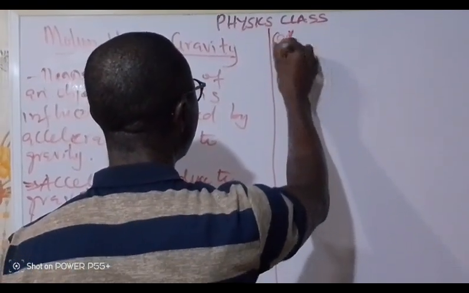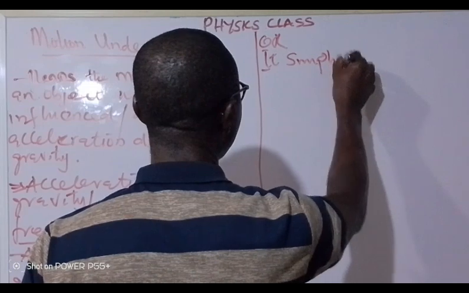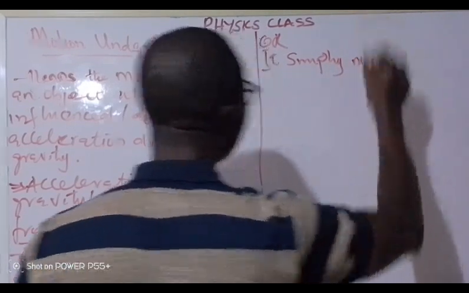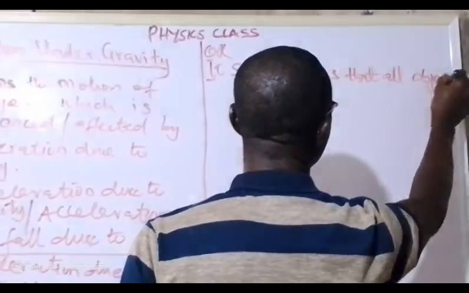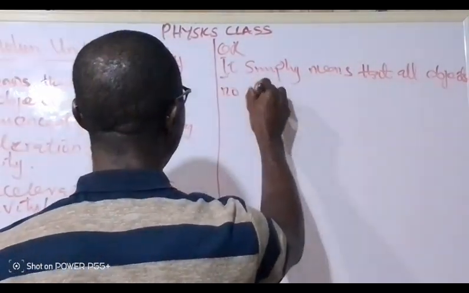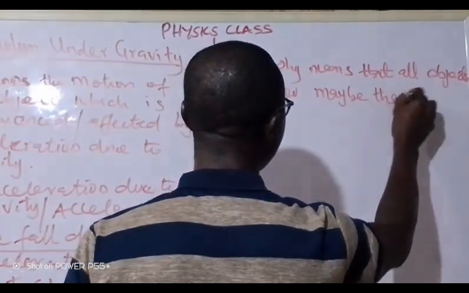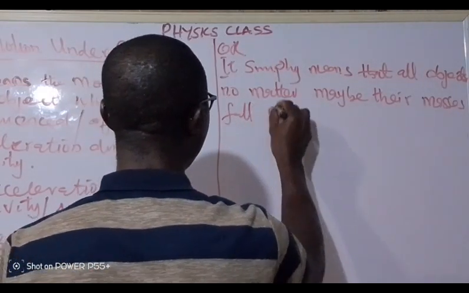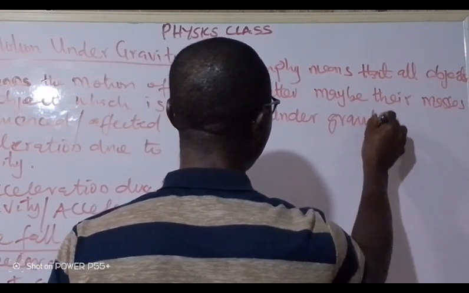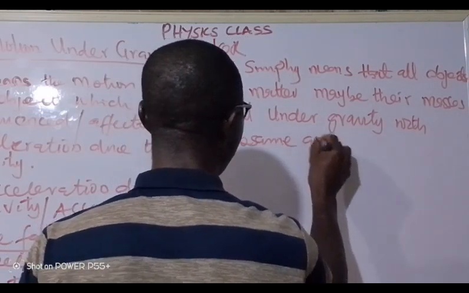Or in another term, acceleration due to gravity simply means that all objects, no matter what their masses may be, fall under gravity with the same acceleration.